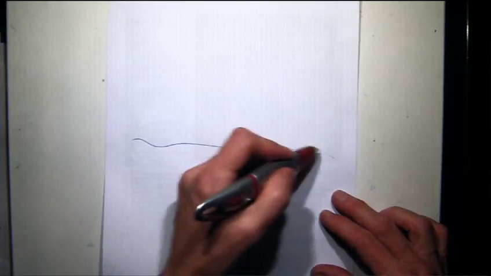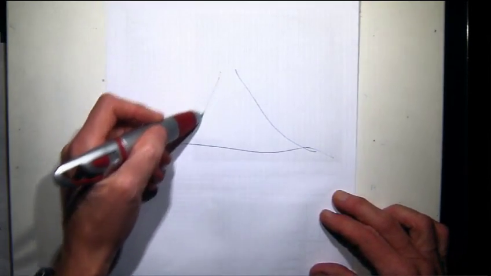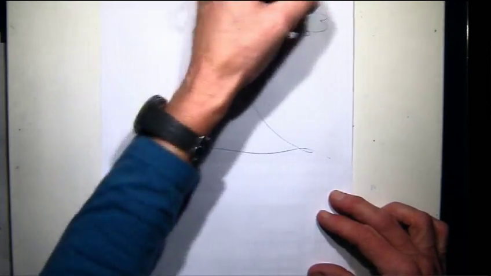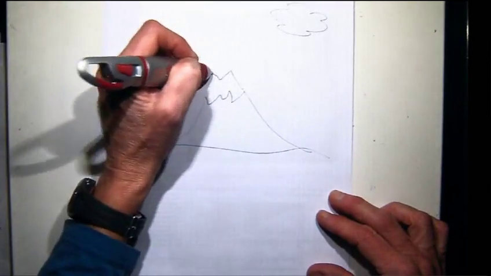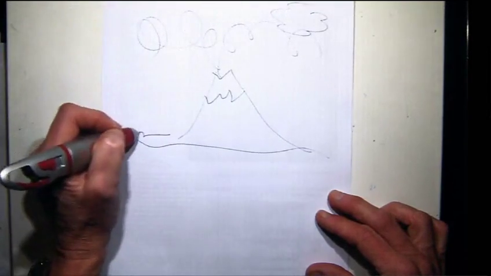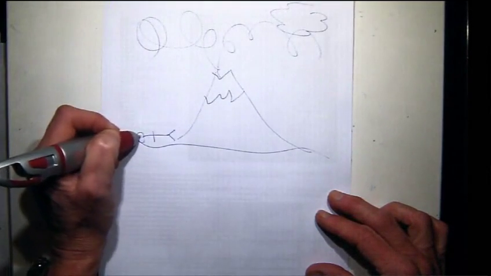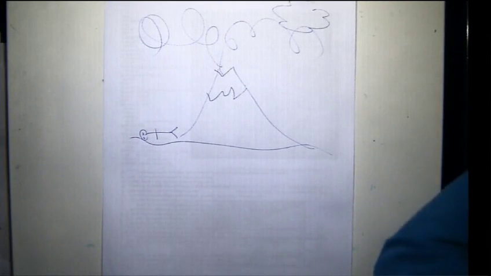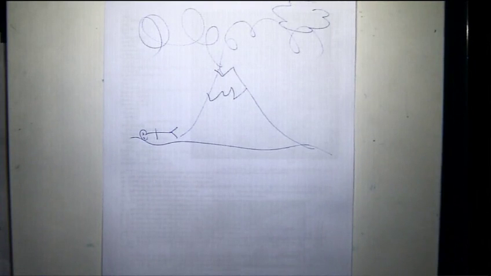If somebody said draw a volcano and I weren't thinking like a geologist, something like that. That's what you think of when you think of a volcano. And fair enough, that is the classic composite volcano type.